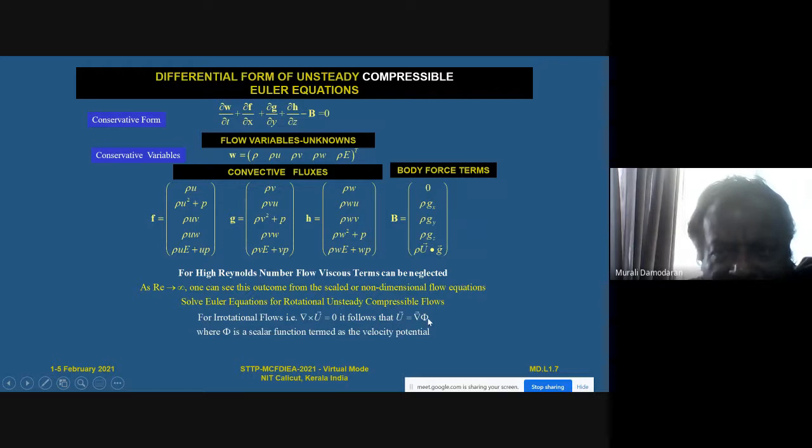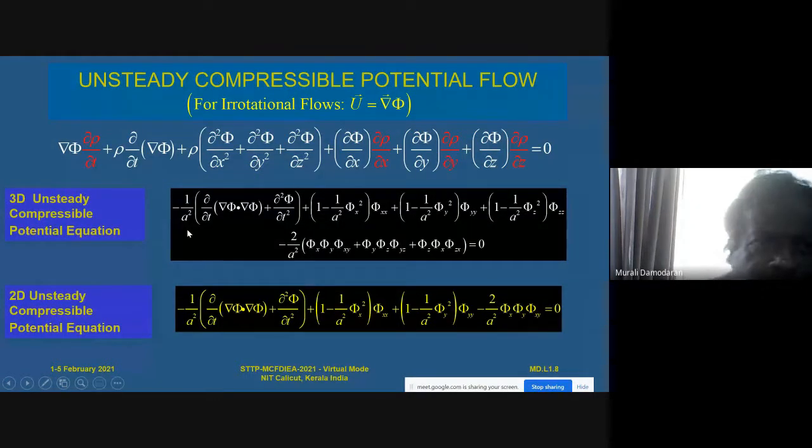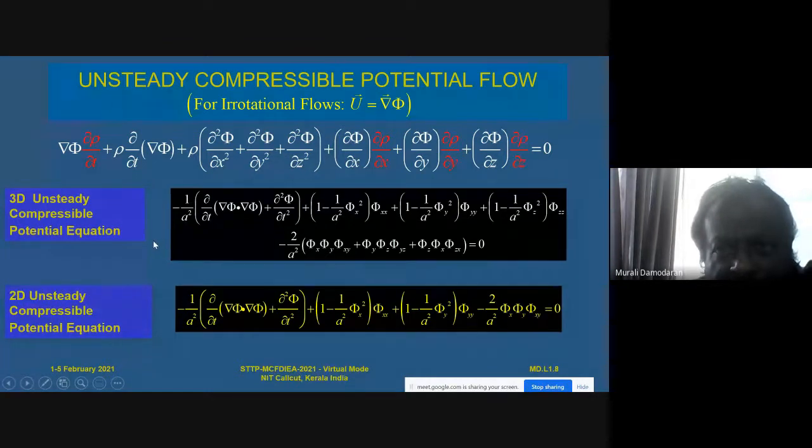The phi is a scalar function, and that is termed the velocity potential. And if you make this substitution in the Euler equations, you will get the unsteady potential equation like what we are familiar with in any textbooks, research papers.